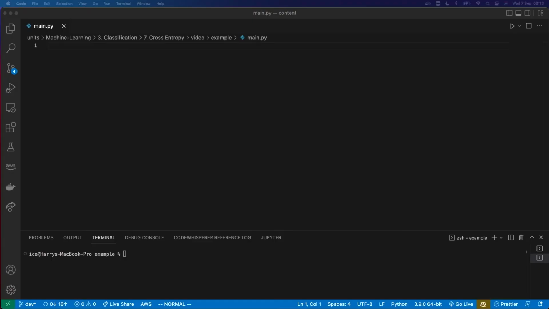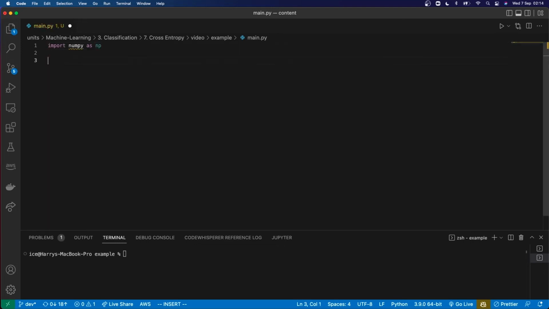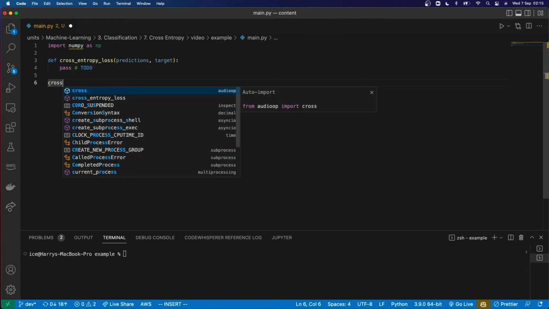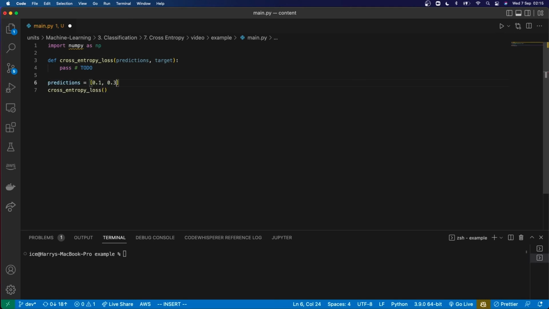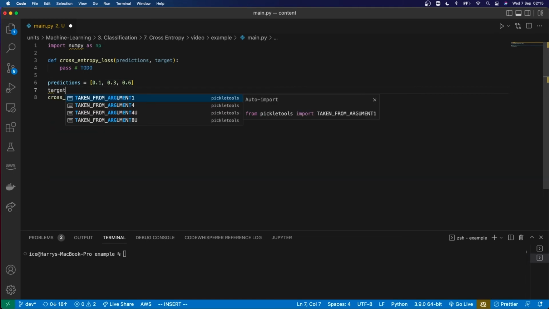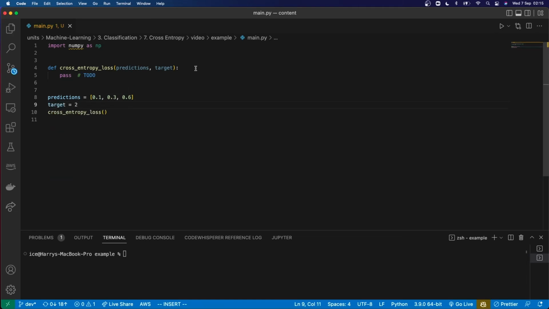If I was going to implement the cross-entropy loss function in Python, it might look something like this. I'm going to use it something like this. This is typically what you have.